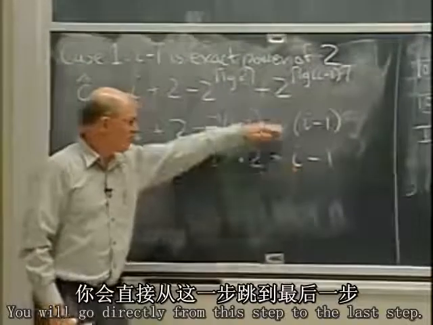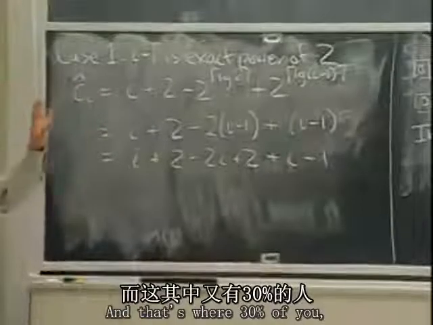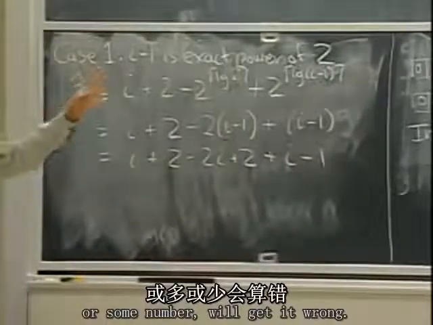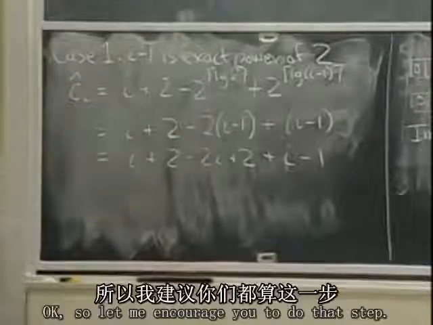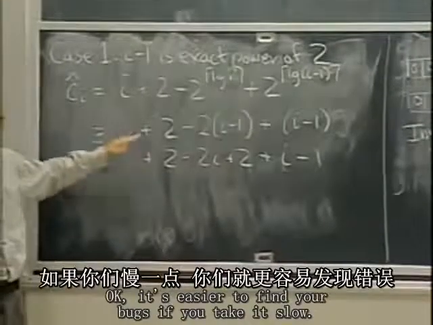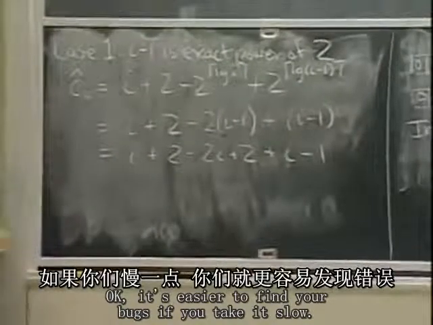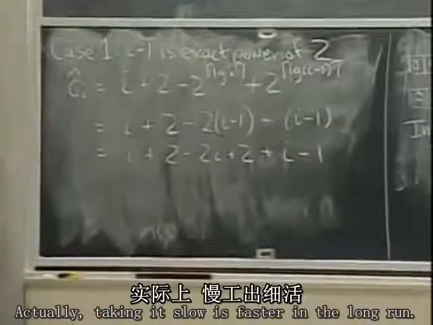You go directly from the previous step to the last step. And that's where 30% of you, or some number, will get it wrong. So let me encourage you to do that step. It's easier to find your bugs if you take it slow. Actually, taking it slow is faster in the long run.